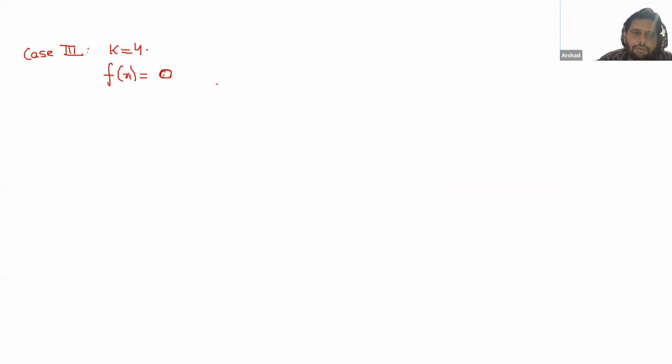So f(4) is 0. Now we will calculate the LHL at x equal to 4. LHL means limit x tends to 4 minus f(x).